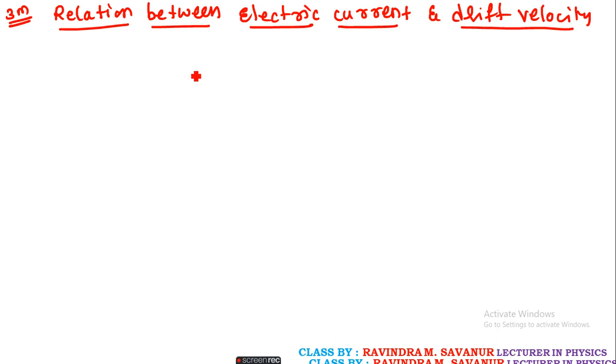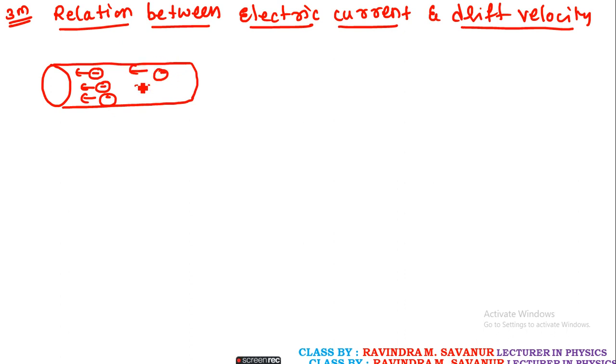Now we are going to make a relation between electric current and drift velocity. For that sake, I have to draw a diagram here. It will take 2 minutes, because we have chosen a conductor. I already told you a conductor contains a number of free electrons, and they all are moving in a uniform direction.